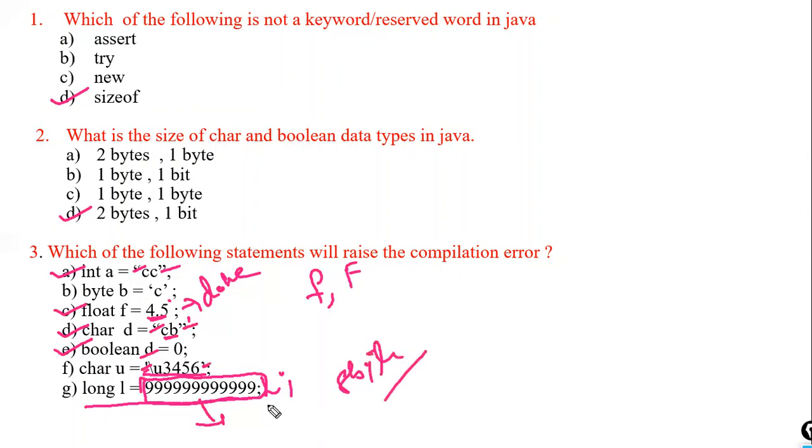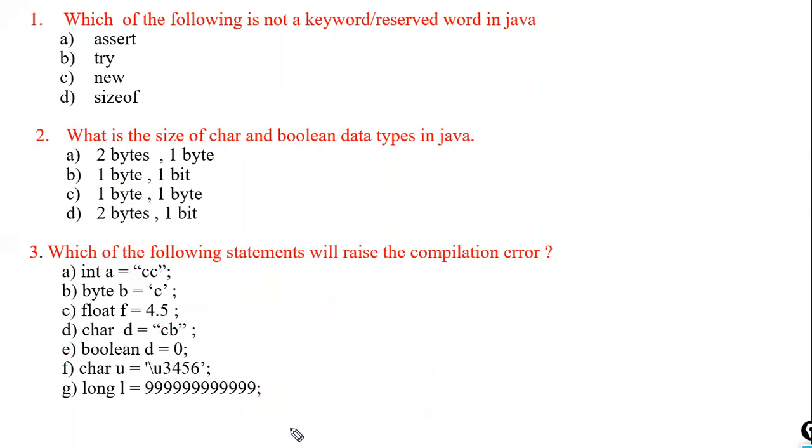Otherwise, if the suffix L is not added, then only 4 bytes of memory will be allocated and this value cannot be stored in 4 bytes of memory. So even this statement will raise an error. These are the correct options of the first 3 questions.